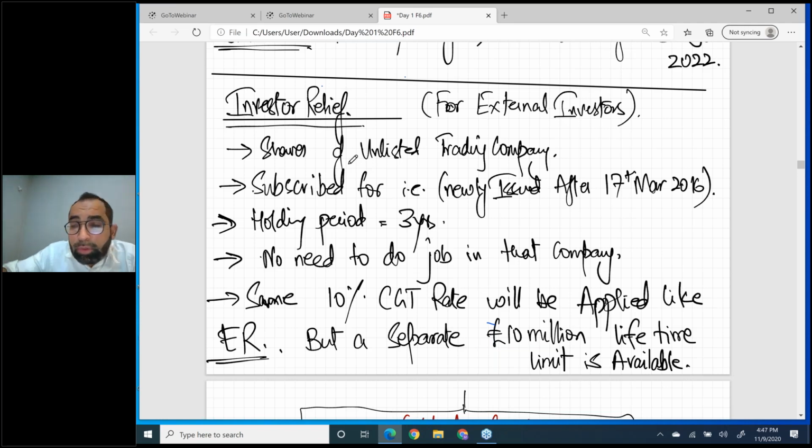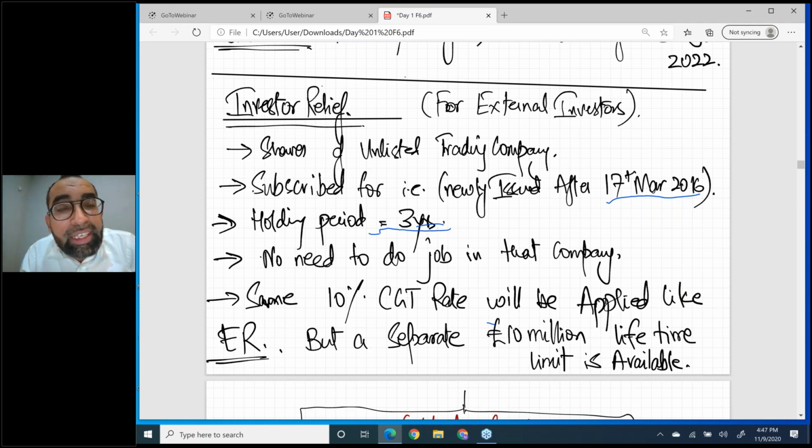And you must hold those shares for 3 years after 17th March 2016. No matter if you bought before 17th March 2016, it's not an issue, but you have to hold these shares for 3 years after 17th March 2016.